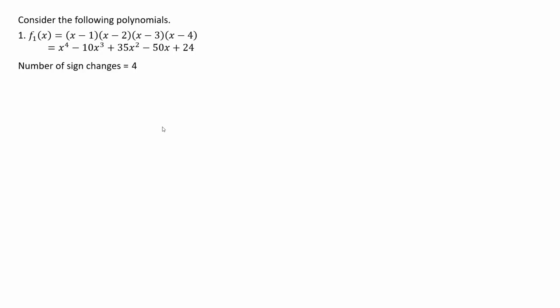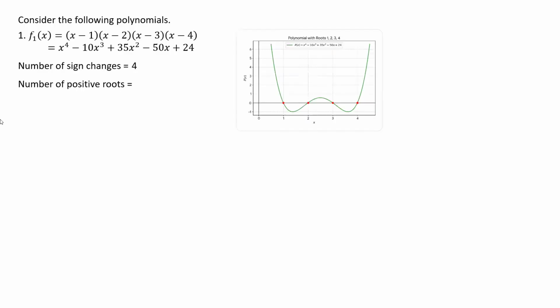Good. According to the rule of signs, if there are four sign changes, there should be four positive real roots, the number of positive roots. And if you plot this, yeah, duh, right?